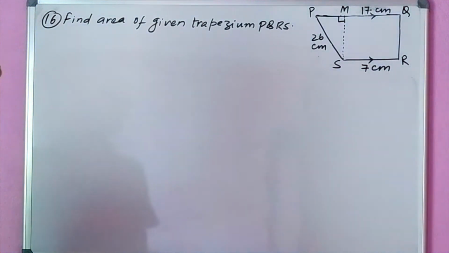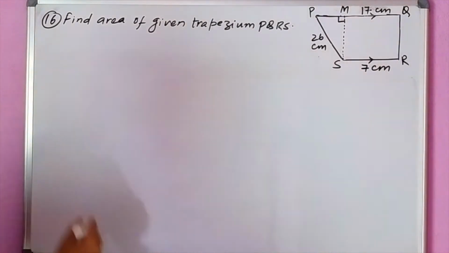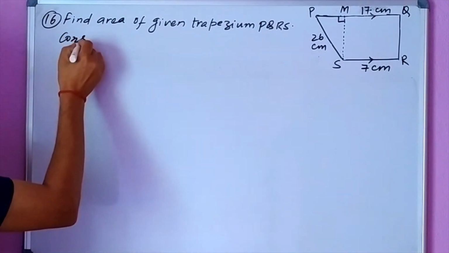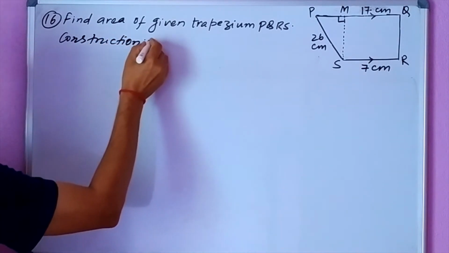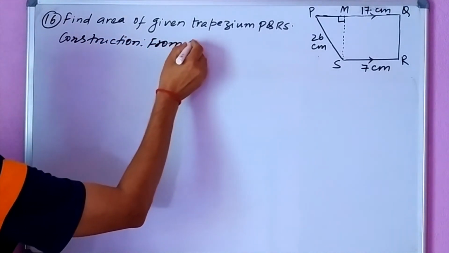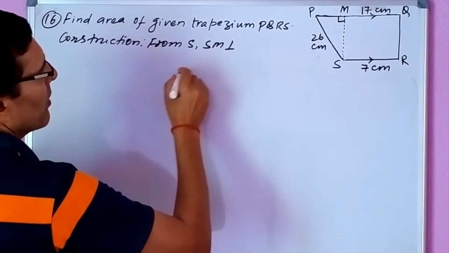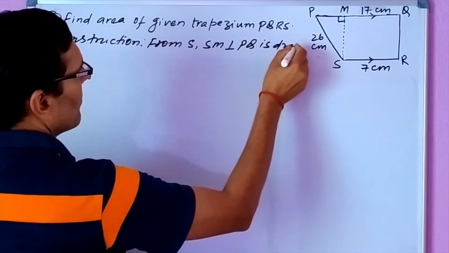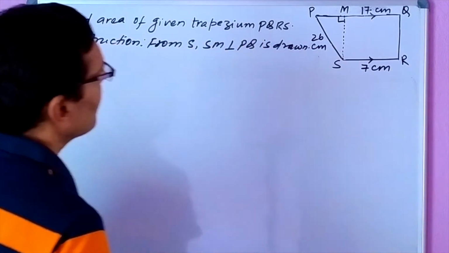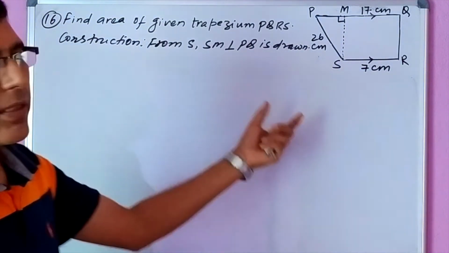So SM perpendicular to PQ is drawn. This is the construction. So this SM is the height of the trapezium.